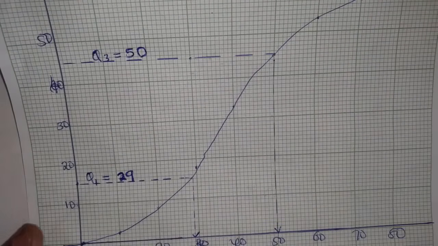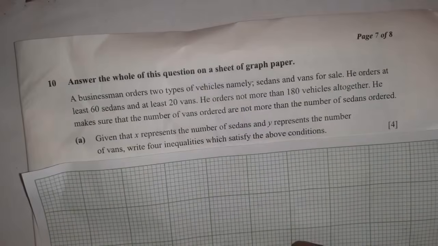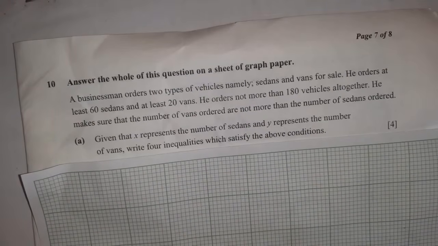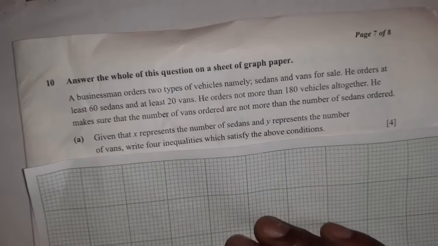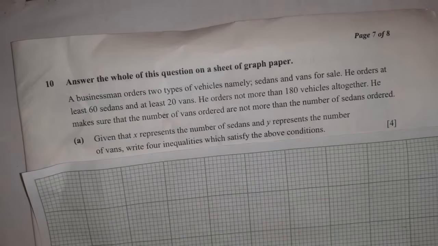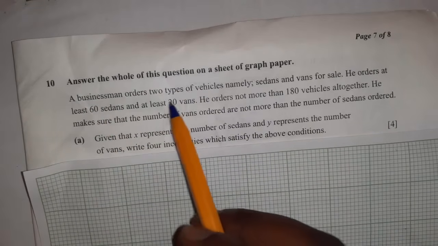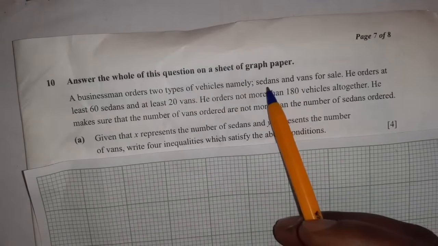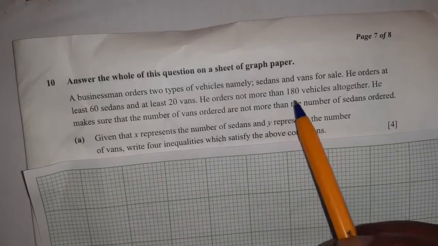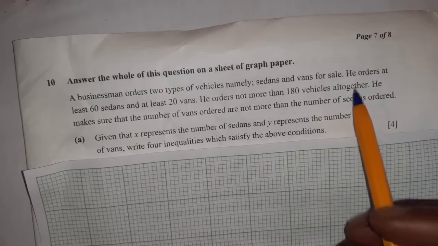So we are going to question 10. So this is question 10. Answer the whole of this question on a sheet of graph paper. I already have my graph paper here. So we read, a businessman orders 2 types of vehicles, namely sedans, I don't know if that's the correct pronunciation, and vans for sale.